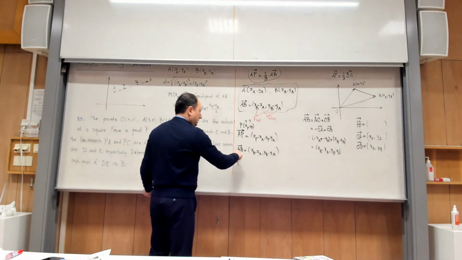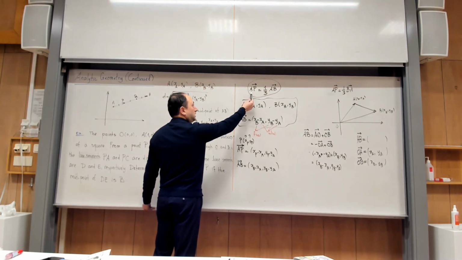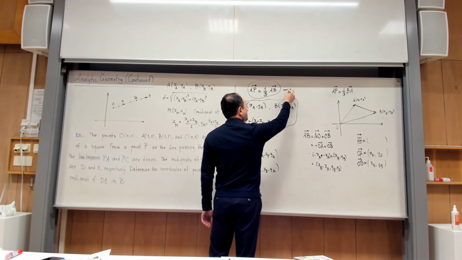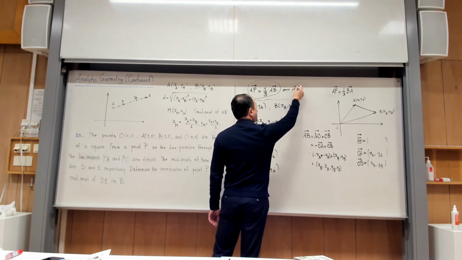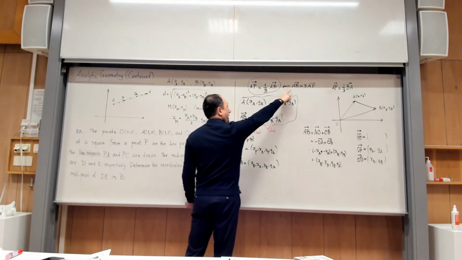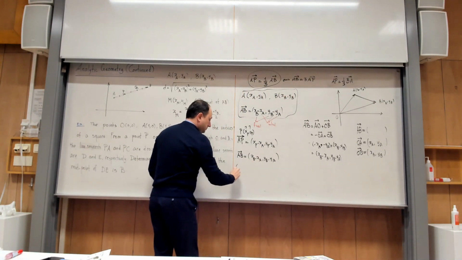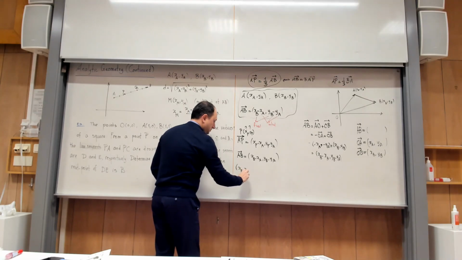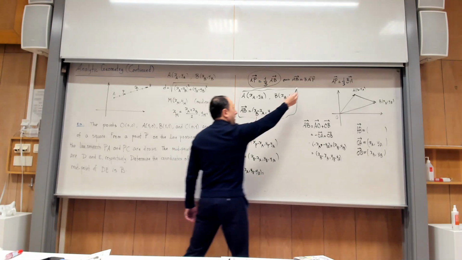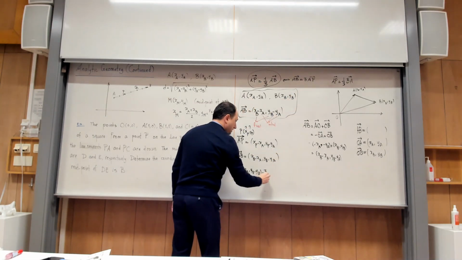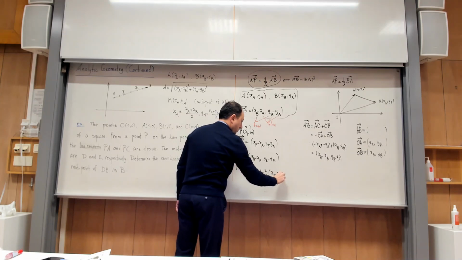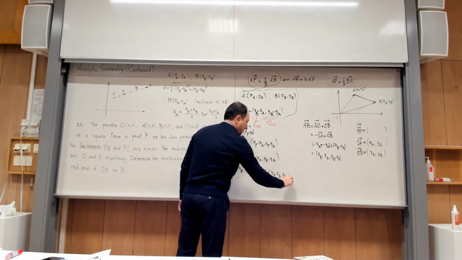Yes? And then we know that AP is a third of AB. This means that AB is 3 times AP. Do you agree? Okay, instead of AB, I can write this. And instead, I write 3 times AP. So 3 times AP, yes, XP minus XA, YP minus YA.